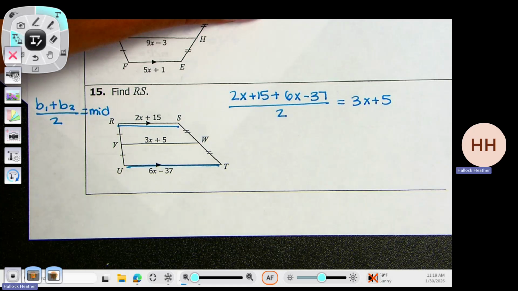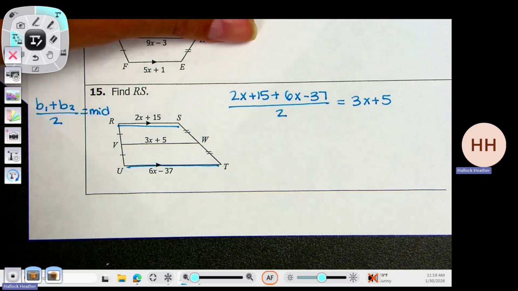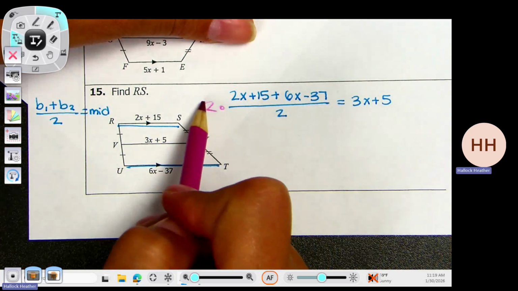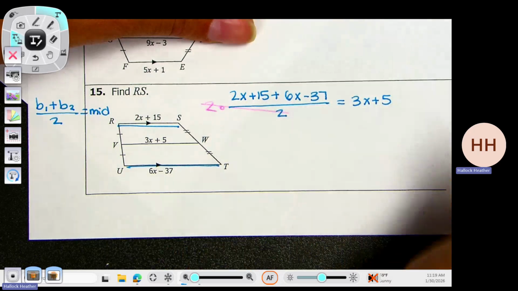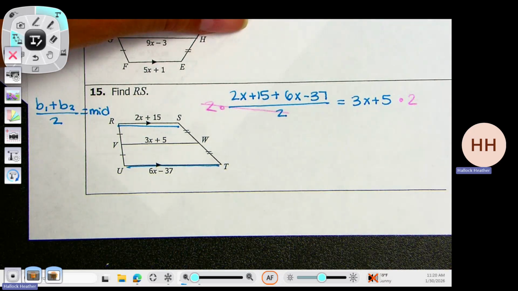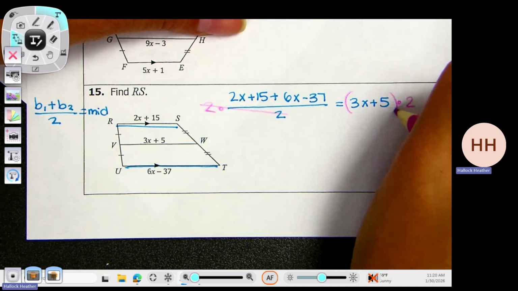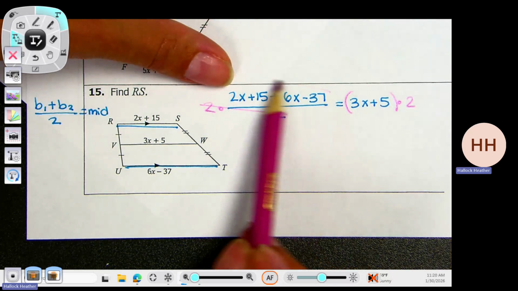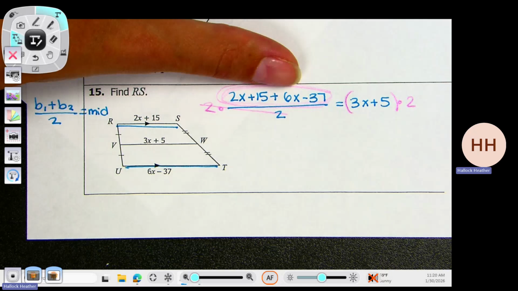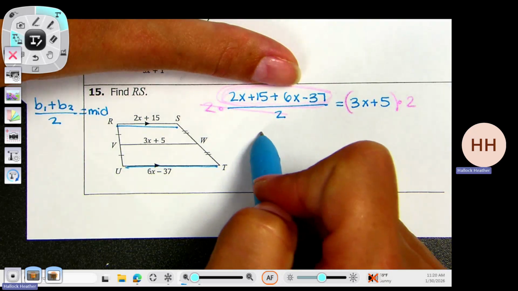I like to get rid of the 2 just because I think it's ugly. So how do we get rid of the 2? Times it by 2. It's however your algebra teacher or pre-algebra teacher taught you to solve equations. When you multiply by 2, don't forget you have to distribute. That's the key. Right here, combine these to save yourself some steps. If I combine 2x and 6x, what do I get? 8x.